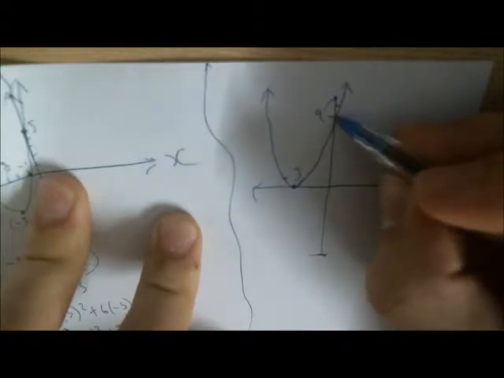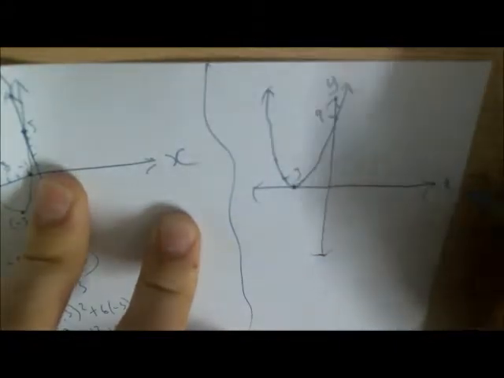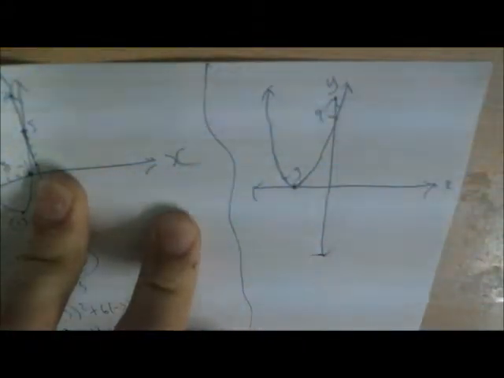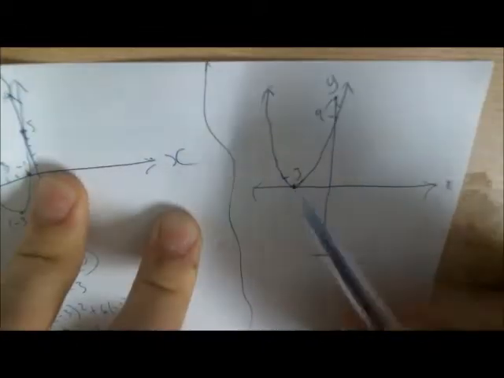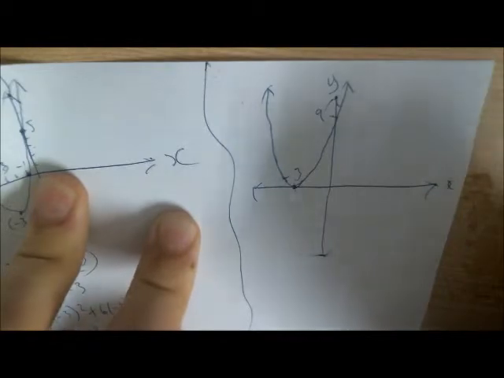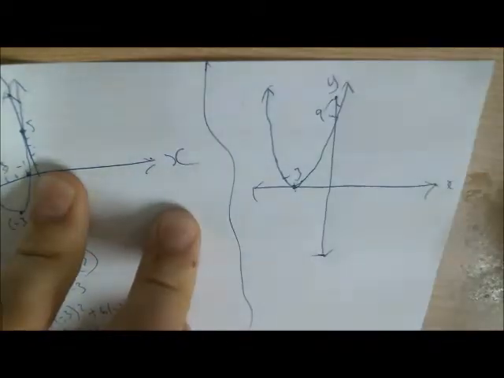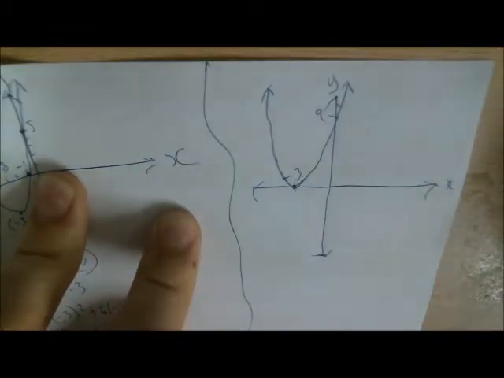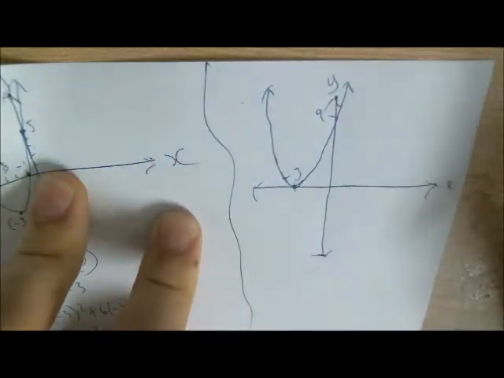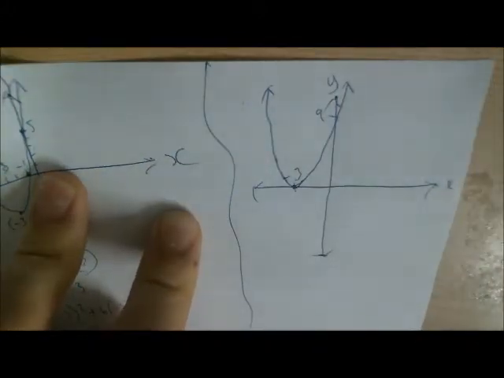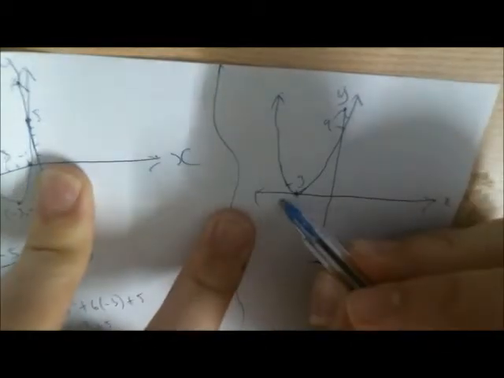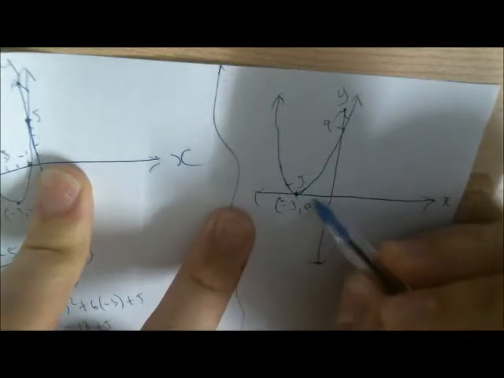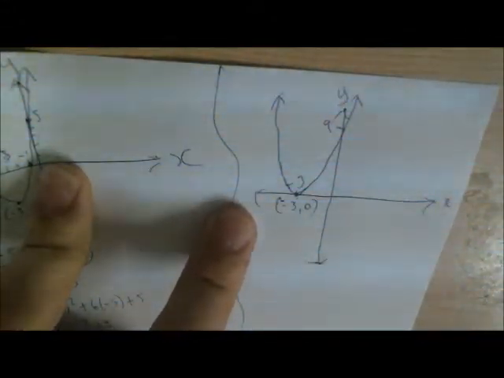So it passes through 9 on the y-axis, and it touches the x-axis at -3. That way there's only one intercept. It still crosses through it, but it only does it once. And that would be all you need to include for that graph. Coincidentally, it's also the turning point, isn't it? So I might label that to show that it's a turning point.